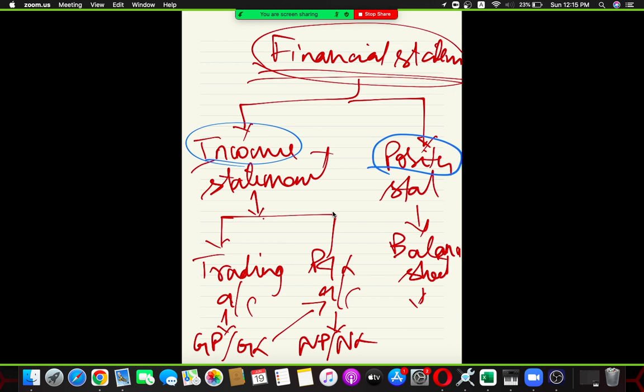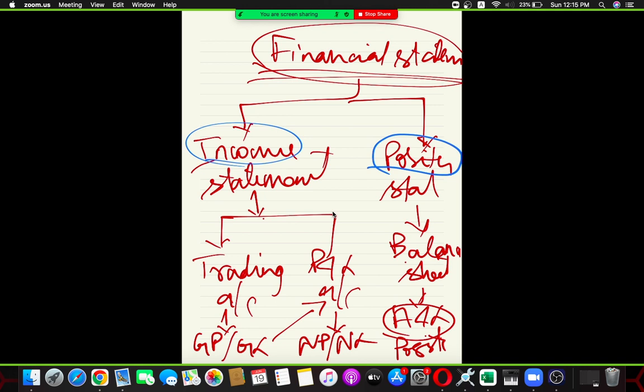What is specified in the balance sheet? That's very simple. We have assets and liabilities in the balance sheet. This balance sheet represents the position of your assets and liabilities.